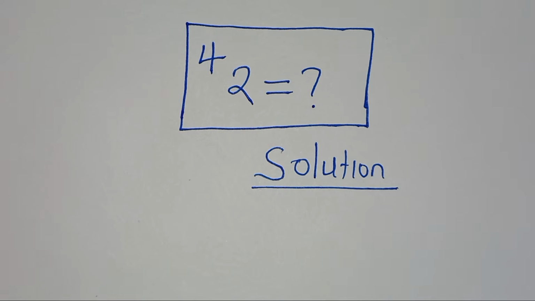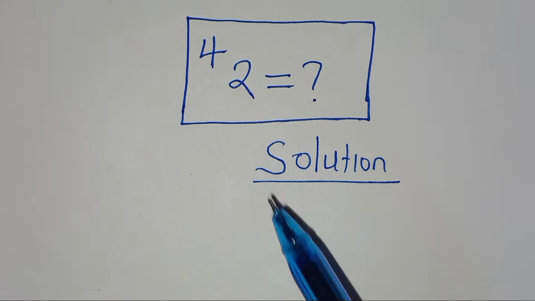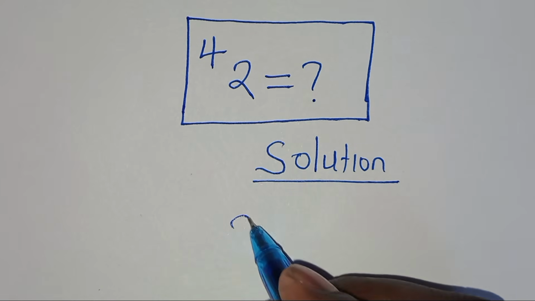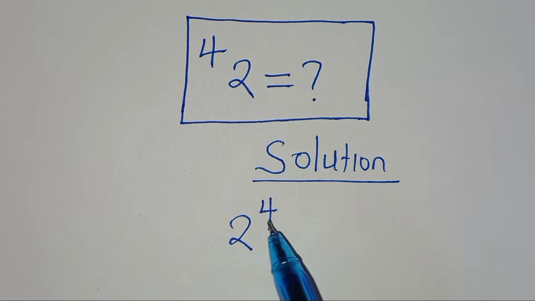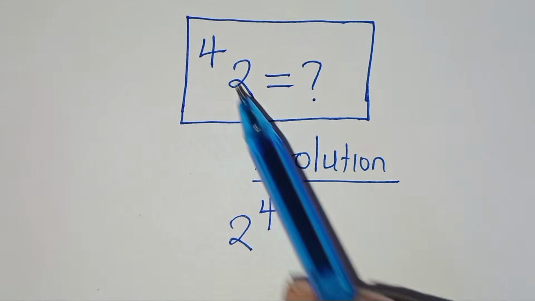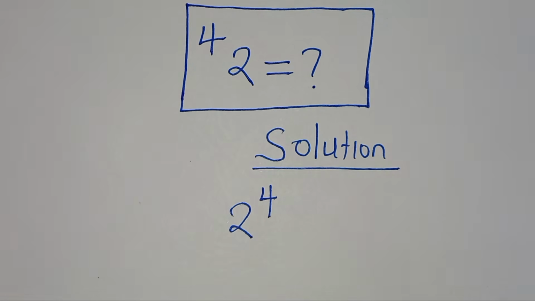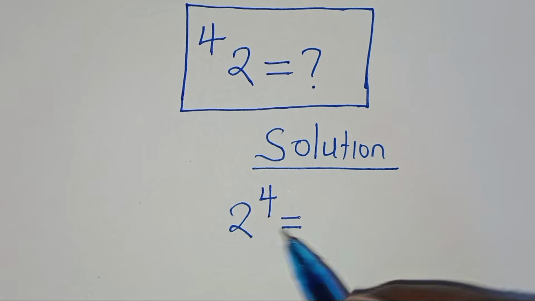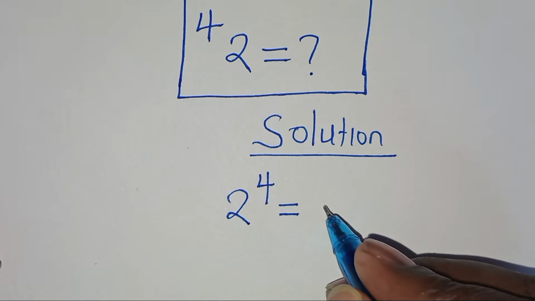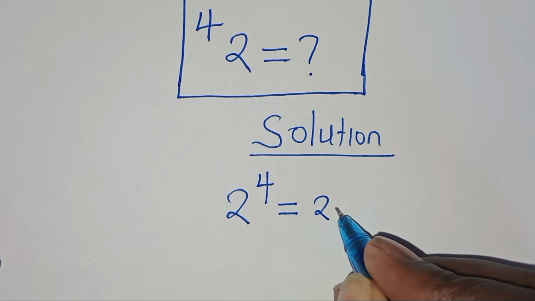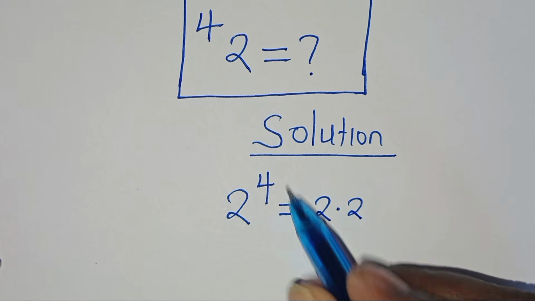Now from cross observation here, we have that this is not the same thing as 2 to the power of 4. Now we have that 4 here is on the right hand side, but 4 here is on the left hand side. So this means this is an exponent. This is an exponent that is obtained as a result of multiplication of 2 four times.